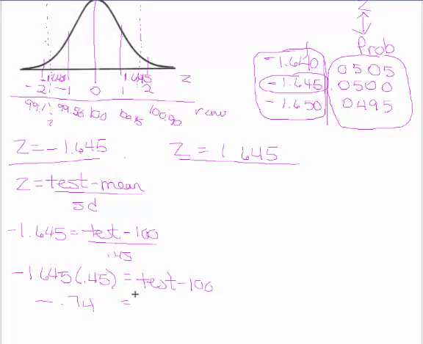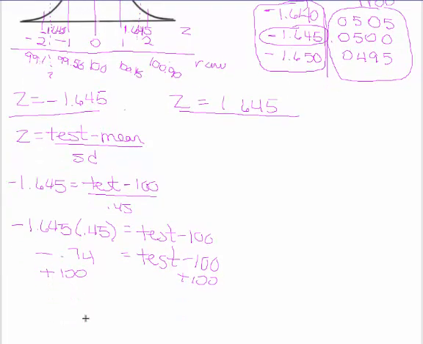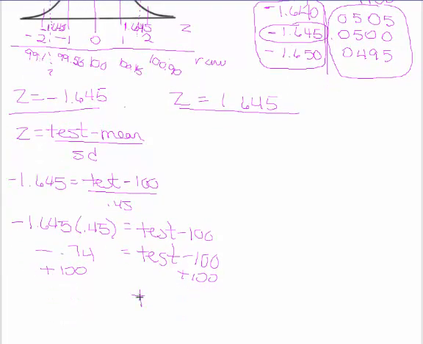You're going to get negative 0.74 equals test minus 100. And then all you have to do is add 100 to both sides. That's going to give me test equals 99.26 when you add negative 0.74 and a positive 100.